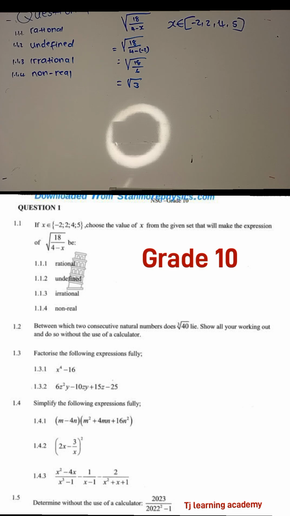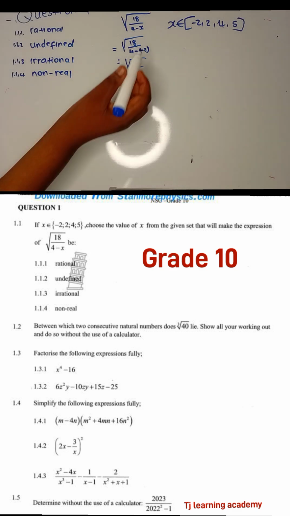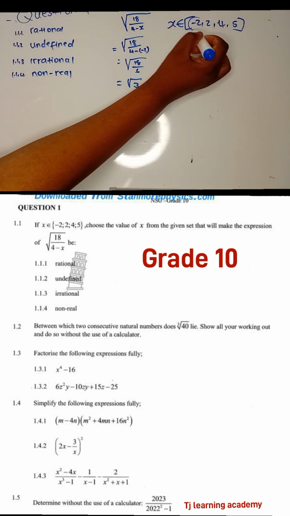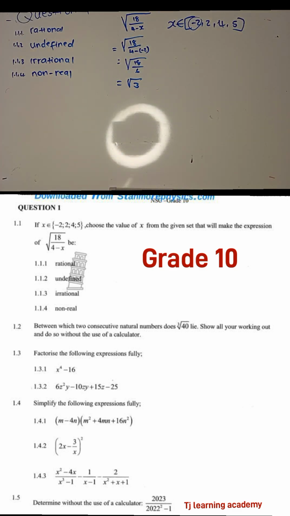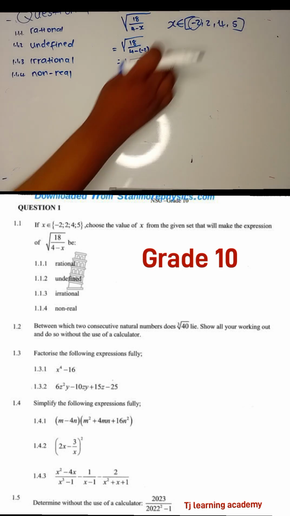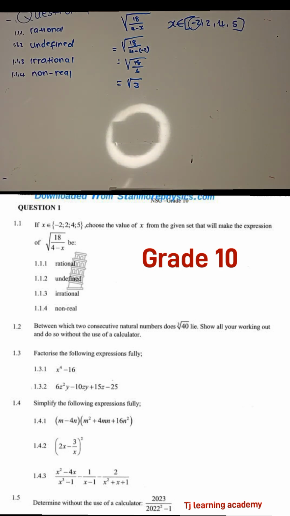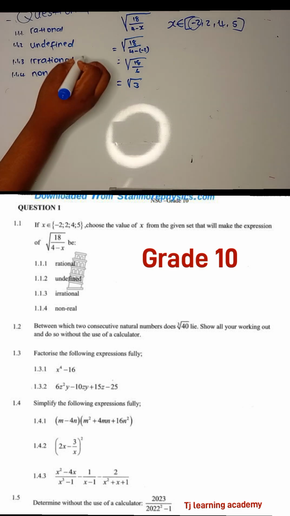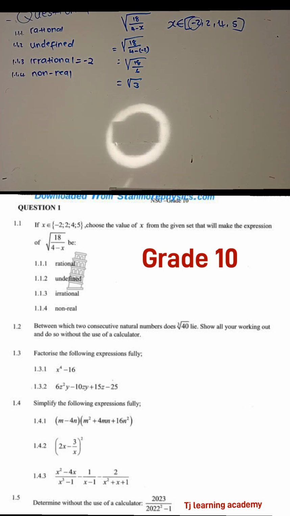Any number that cannot be written as a fraction is irrational. Meaning that the value of x here, -2, makes the expression irrational. So the irrational answer is going to be -2.